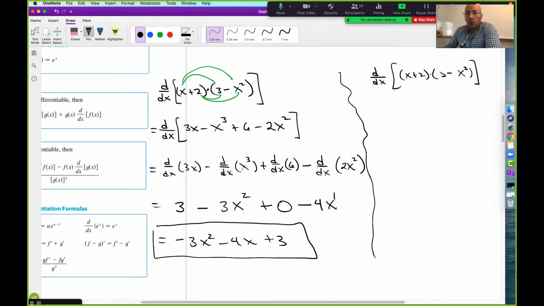Okay, so we have a multiplication of two separate functions. We can think of this as one function, f of x, and this is some other function, g of x, and they're being multiplied. The product rule says we kind of take turns and then add them together.